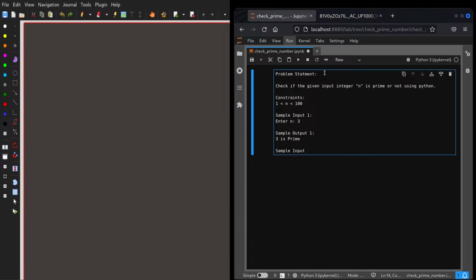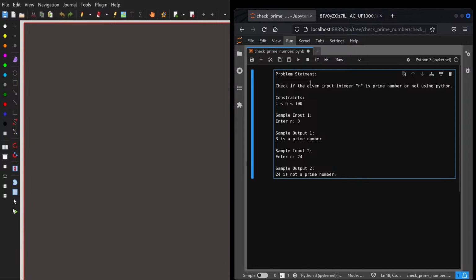Sample input 2: 24. The output is: 24 is not a prime number. This should be the output.